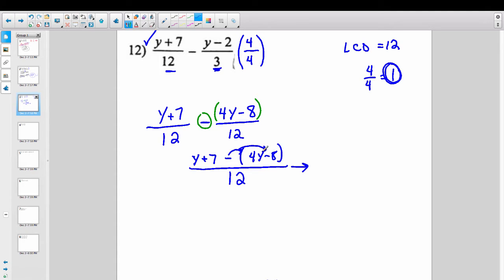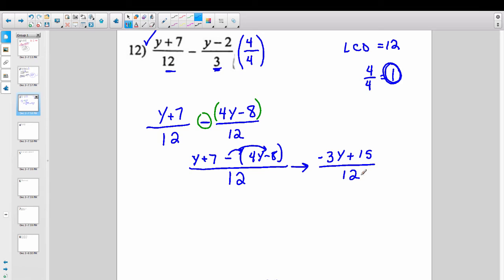So let's rewrite this. y minus 4y, that would be negative 3y. 7 subtract negative 8. That's a double negative, so it really turns into addition. That would be 7 plus 8, which would be positive 15. Putting that over 12.